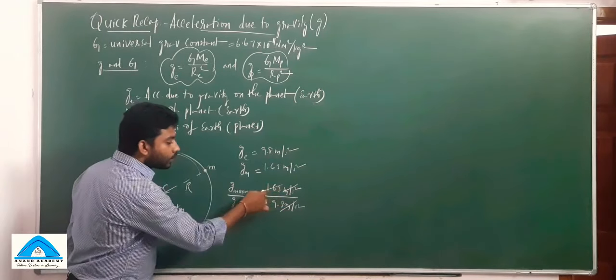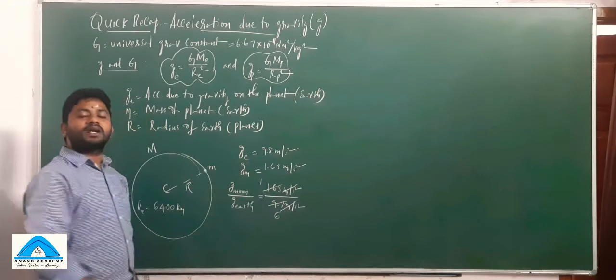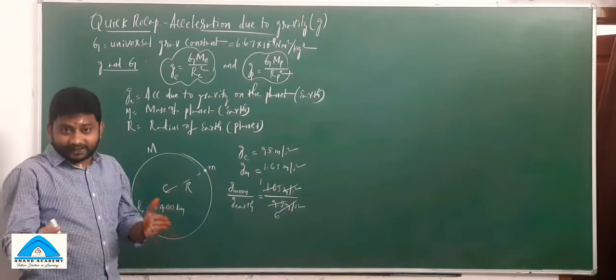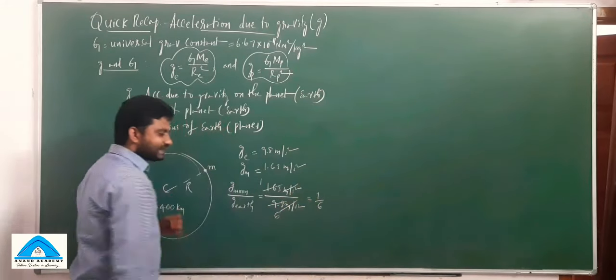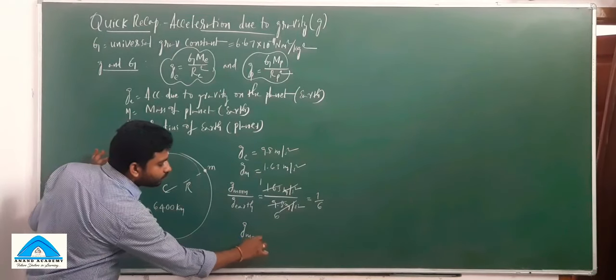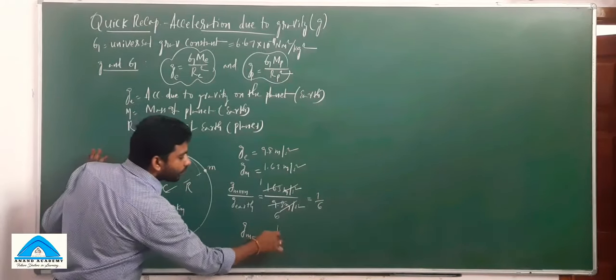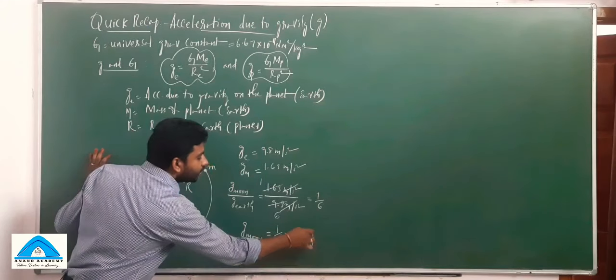So I can write 1.63 over 9.8. You can also check, right? So what is the ratio we have got? 1 by 6. From here, I can write acceleration due to gravity on the moon surface is equal to 1 by 6 times the acceleration due to gravity on the earth surface.